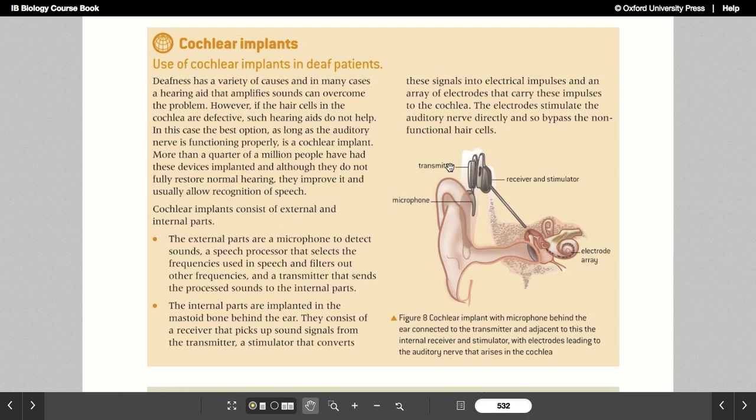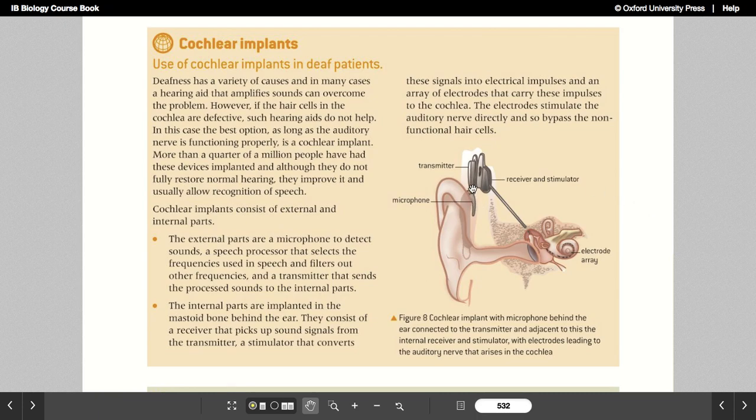The transmitter is going to process sound, which goes into the receiver and the stimulator, which will then stimulate the inner cochlea parts. The receiver picks up signals and the stimulator converts the signals into electrical impulses. Those electrical impulses are going to be sent out the auditory nerve.